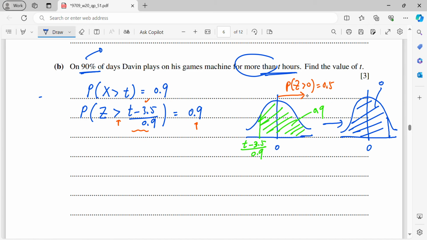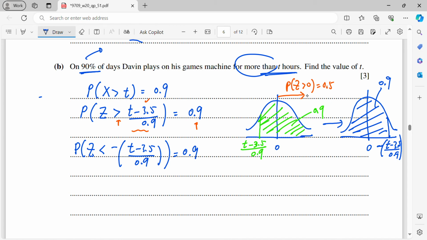So here I will label as 0.9, and the line will be negative of t minus 3.5 over 0.9 because initially it was negative. So now when you flip, it becomes positive. So how to get positive from negative? You are multiplying a negative value. Okay, so that means from here I will get P(Z < negative of t minus 3.5 over 0.9), that is 0.9.